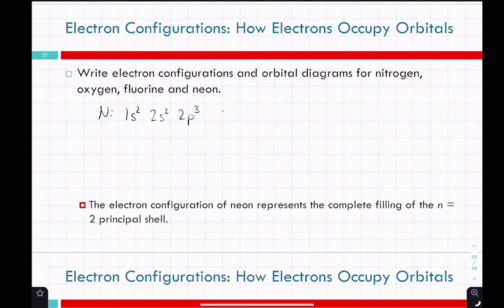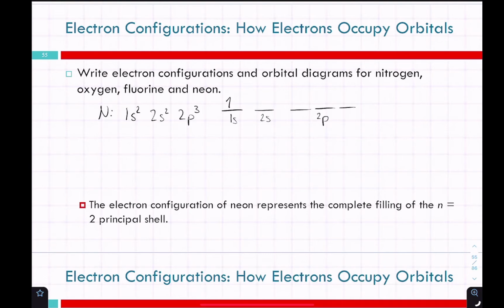So let's do the orbital diagram for that. This will be 1s, 2s, and 2p. You can do the 2p3 because 6 electrons can fit on the 2p level.